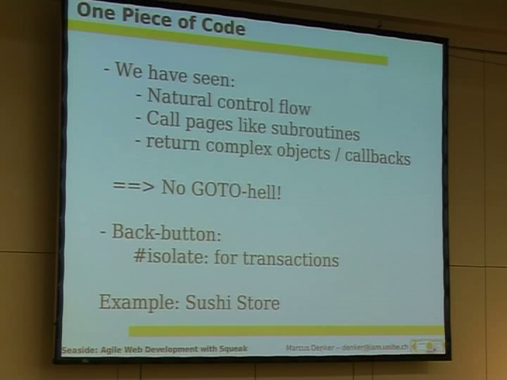Components can even register callbacks that get executed when I click on something. So overall, this is a step in the right direction, I guess. We escape the goto hell of normal HTTP-based programming. And the back button works.